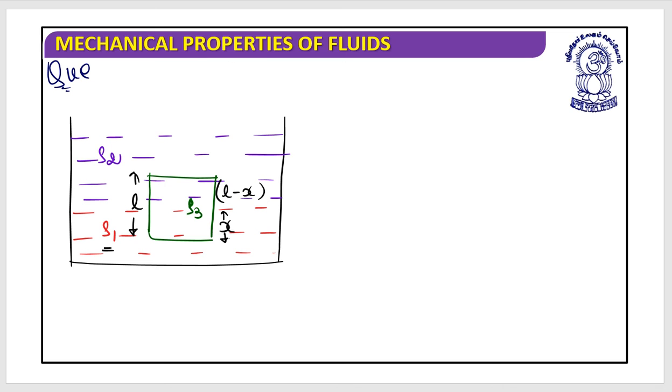What actually happens is, they will give me the data of density 1, density 2 and density 3, and they will ask to find out by what amount or what length will be within the first liquid, or what length would be in the second liquid, or what would be the ratios of these lengths and everything.